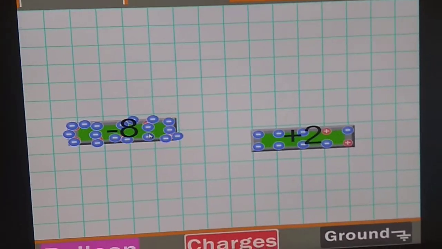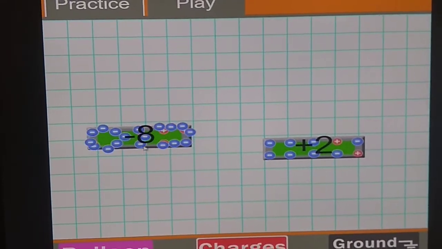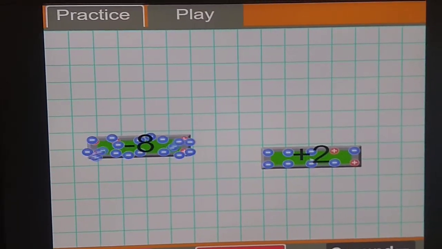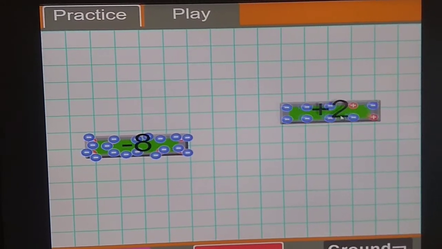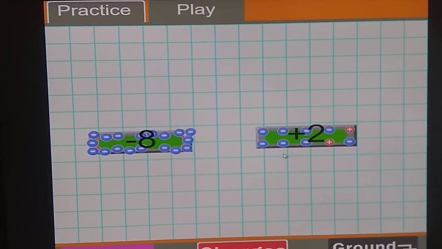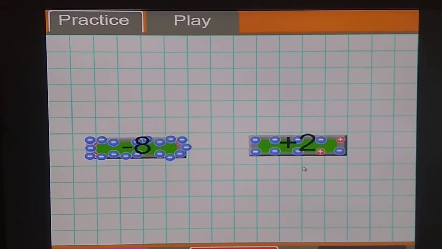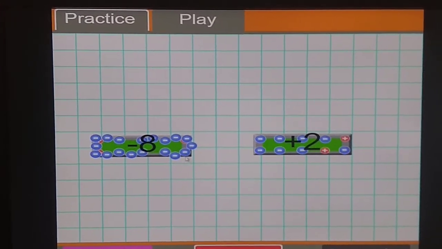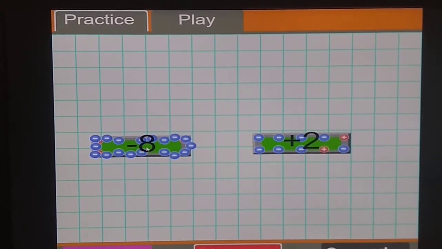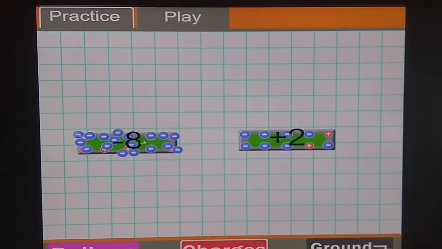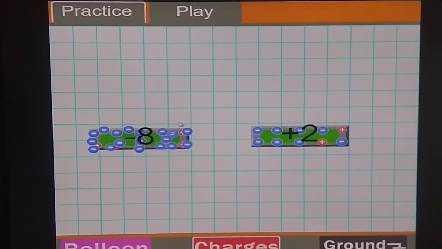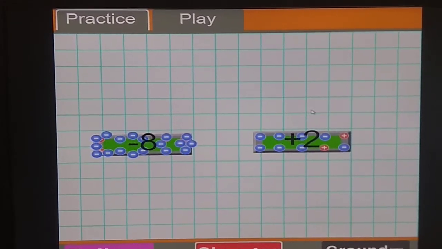And I'm going to charge these by induction again. One of these objects has a charge of -8 E, the other has a charge of +2 E. What you could do is you could try and guess as to what is going to happen in terms of the total charges. We're going to explain it in a little bit, but try and guess as to what's going to happen. If I go and move this -8 over to the +2, we know that they're going to flow from more negative to less negative.